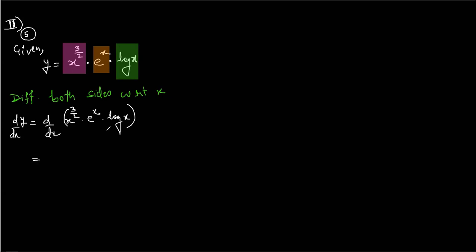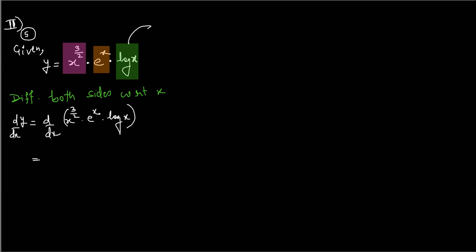The product rule says that you differentiate each one of them in order, and when you differentiate one of those, the rest two are simply multiplied. So I will differentiate log x first, multiply these two, then differentiate e raised to x, multiply these two, and then finally differentiate this, multiply these two. Okay, so what will I get?